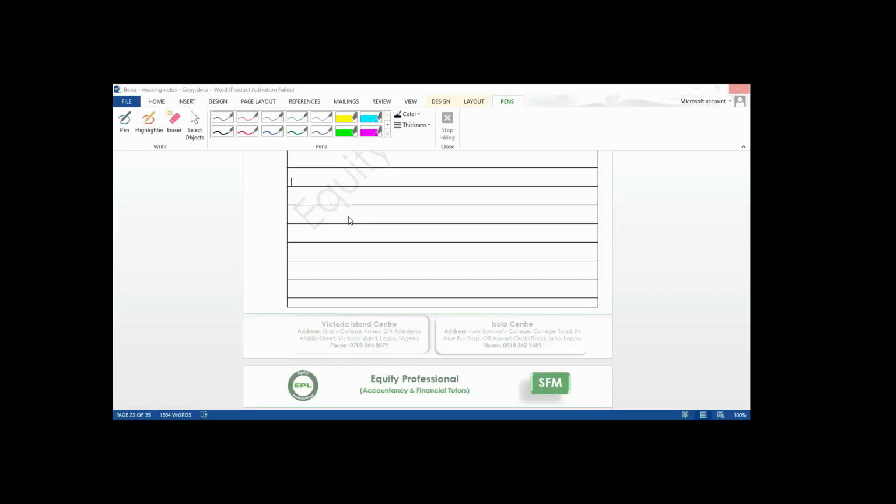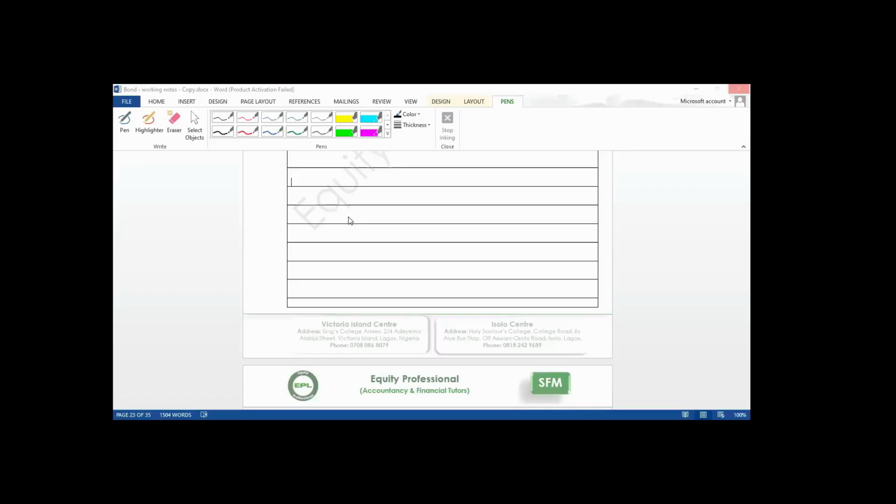Modified duration is calculated as the duration divided by 1 plus the yield to maturity.